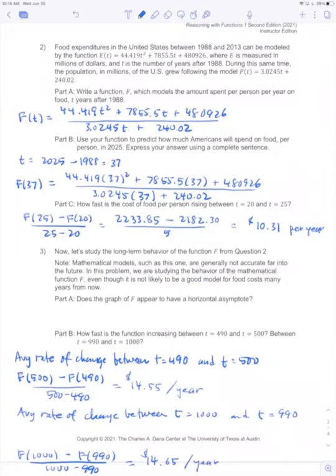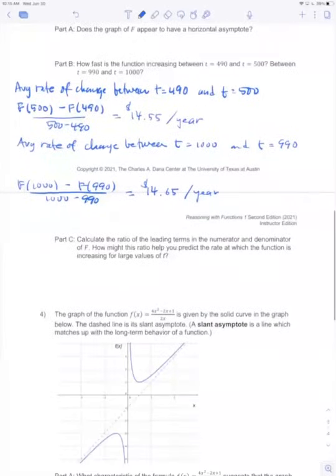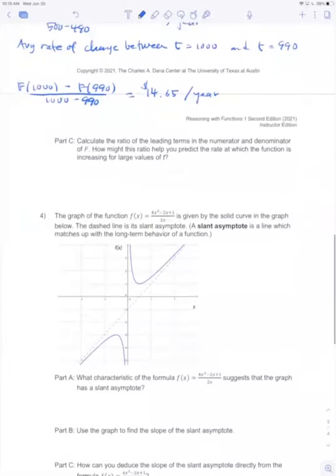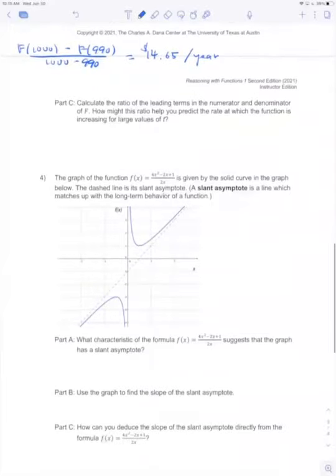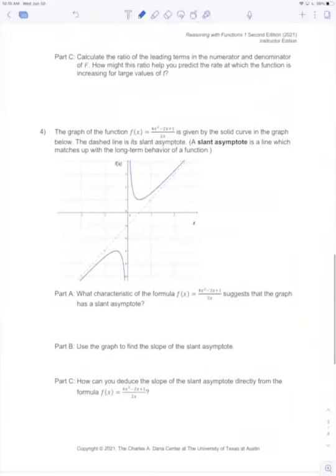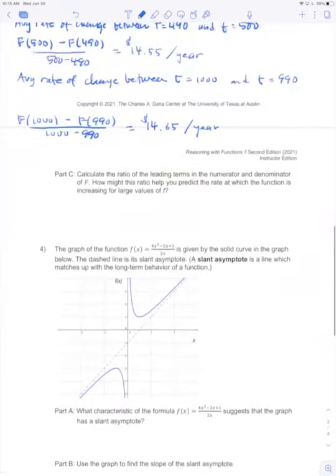Part C, let's scroll up. It says calculate the ratio of the leading terms in the numerator and denominator of f. How might this ratio help you predict the rate at which the function is increasing for large values of t? So the leading terms, let me go back and look at these two functions here.